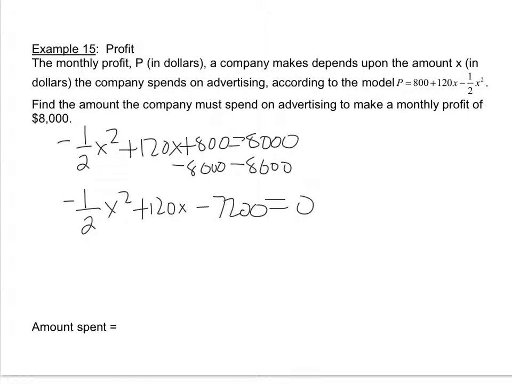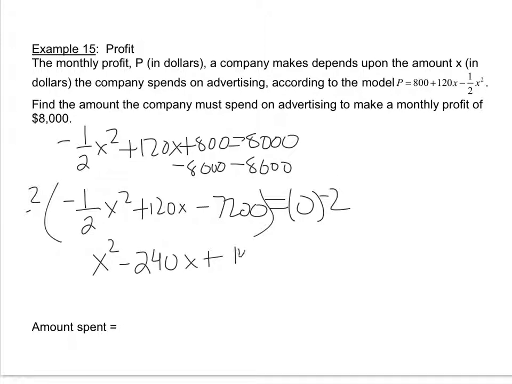Now, I don't like having this be a fraction, so I'm going to multiply both sides by negative 2 to make it positive. So I'm going to get X squared minus 240X plus 14,400 equals 0.